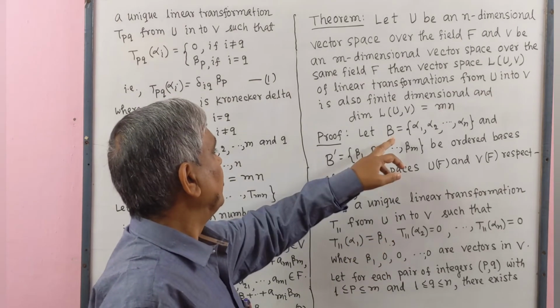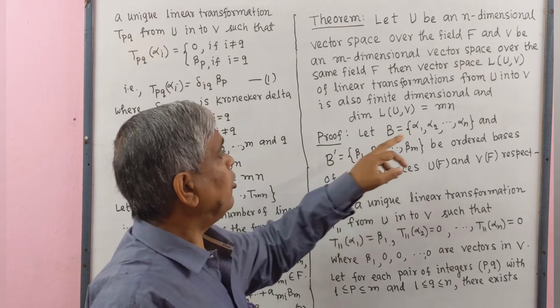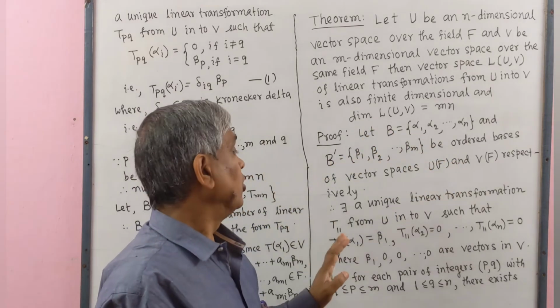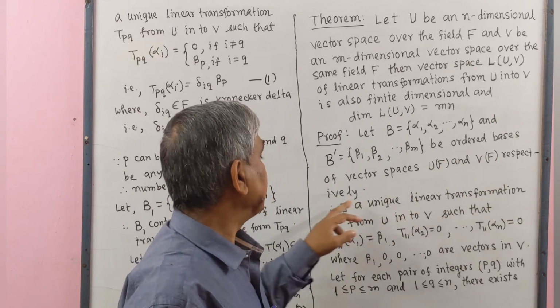Now we prove this. Proof. Let B and B prime be ordered bases of vector spaces U(F) and V(F) respectively.